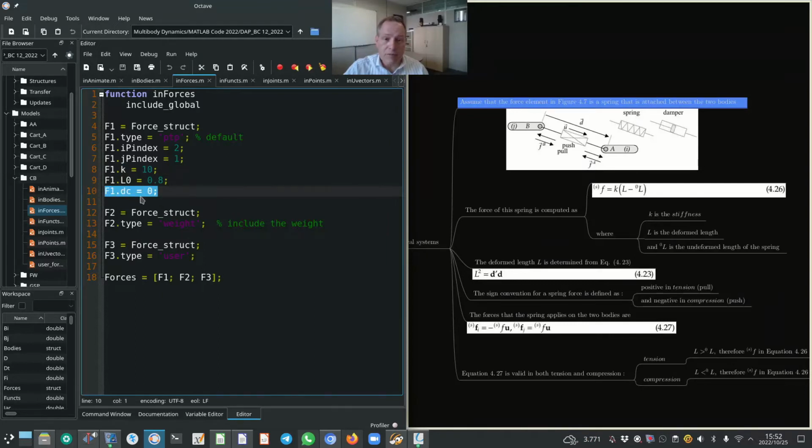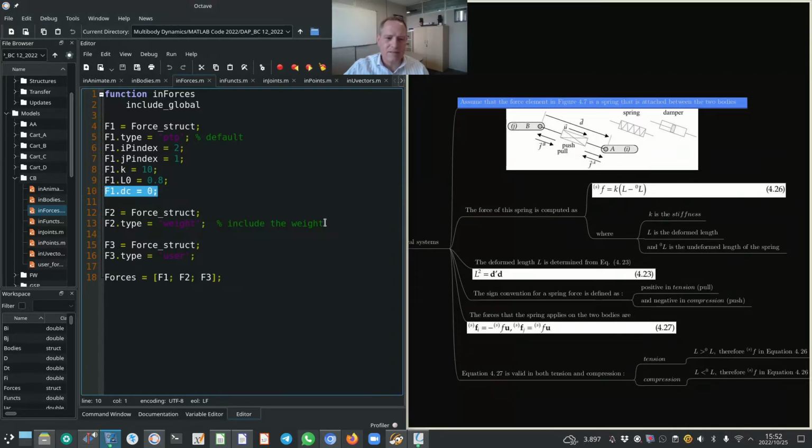And this is a default value that you don't have to specify. This DC stands for damping coefficient, and the reason why that is there is that it is possible to have a force element that is a combination of a spring and a damper. If that is the case, the damping coefficient needs to be specified. But if you don't specify the damping coefficient, DAP uses the default damping coefficient of 0.